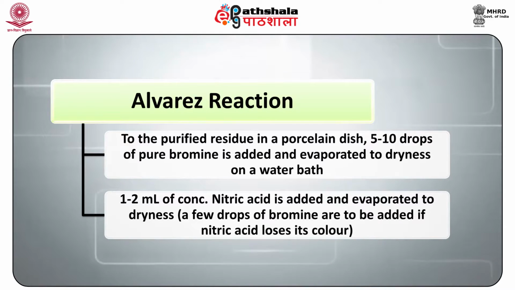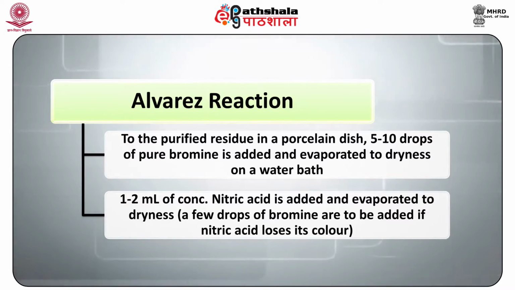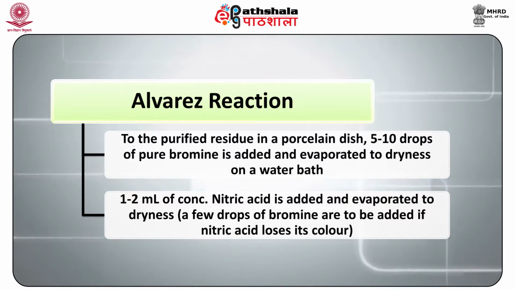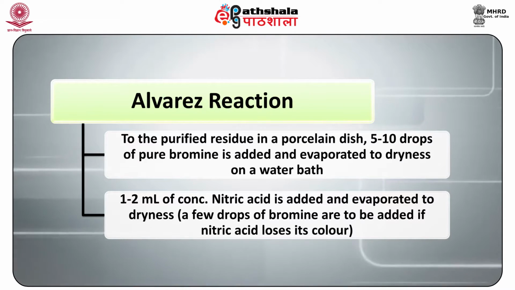Next is the Alvarez reaction. To the purified residue in a porcelain dish, 5 to 10 drops of pure bromine is added and evaporated to dryness on a water bath. 1 to 2 ml of concentrated nitric acid is added and evaporated to dryness, and a few drops of bromine are to be added if nitric acid loses its color.